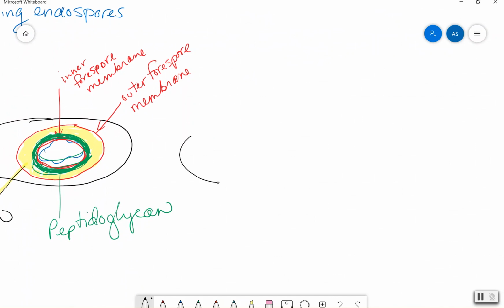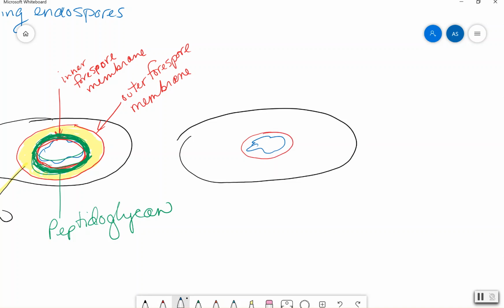And so if I kind of draw this guy again with our chromosome, our inner forespore membrane, our layer of peptidoglycan, and our layer of protein.